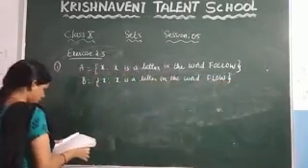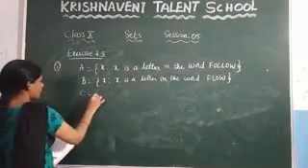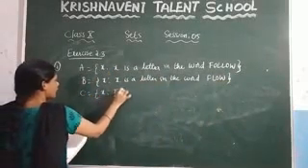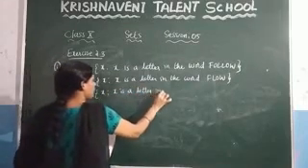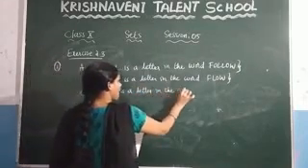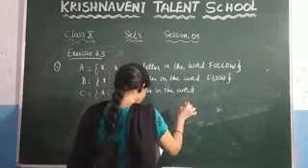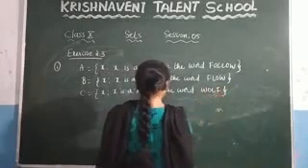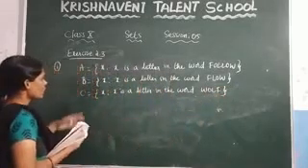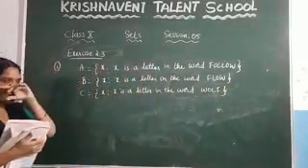Similarly, the set C is given as x such that x is a letter in the word wolf. Now, you need to check whether these sets are equal or not.